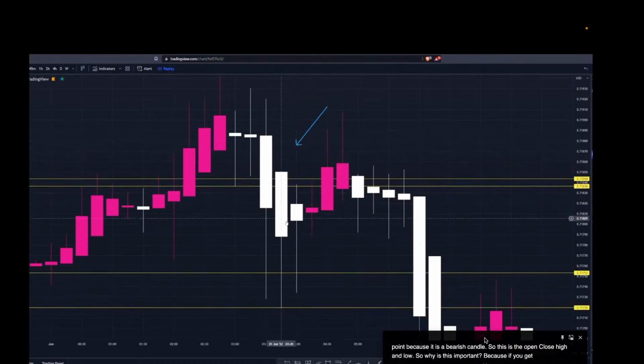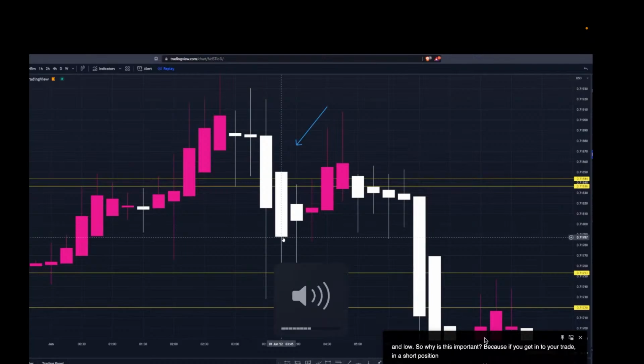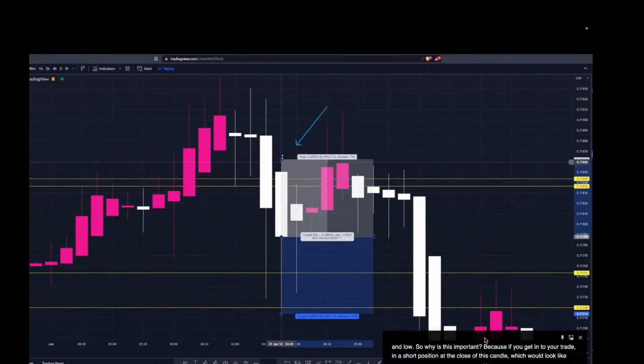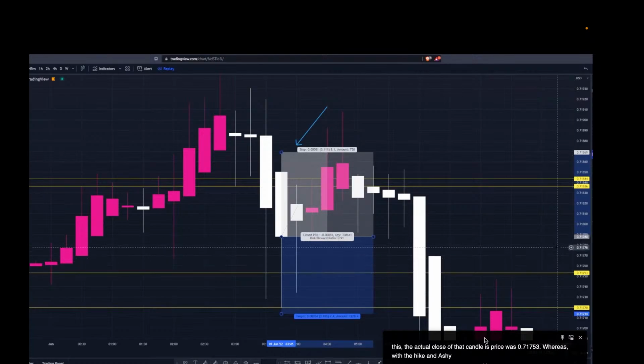Because if you get into your trade in a short position at the close of this candle, which would look like this, the actual close of that candle's price was 0.71753, whereas with the Heikin Ashi candles, it shows 0.7178, which is a difference of 3.5 pips. You have to keep that in mind, especially if you are trying to scalp using Heikin Ashi candles.